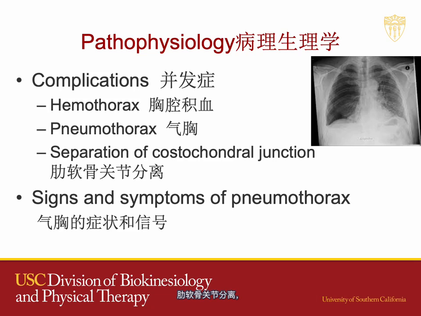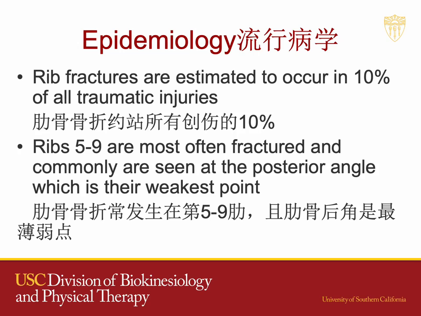Separation of the costochondral junction. That could be where you literally have a separation between the ribs, and then you end up with issues at the sternum or possibly even issues posteriorly. Rib fractures, they say about 10% of all traumatic injuries are rib fractures.